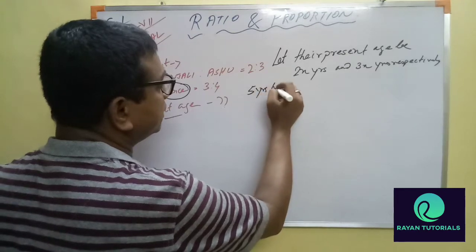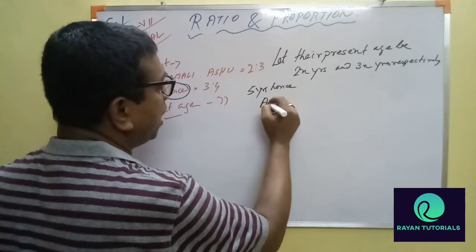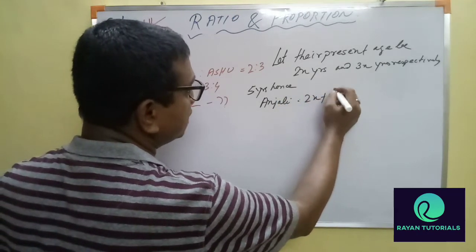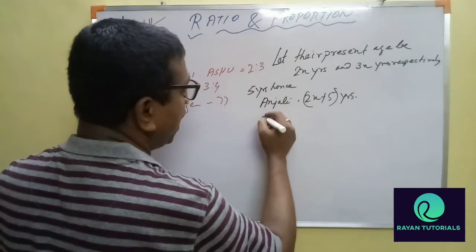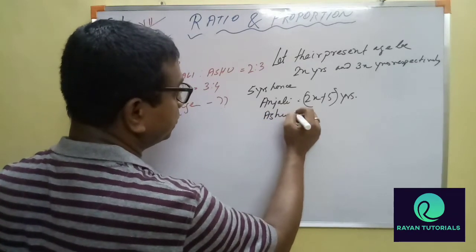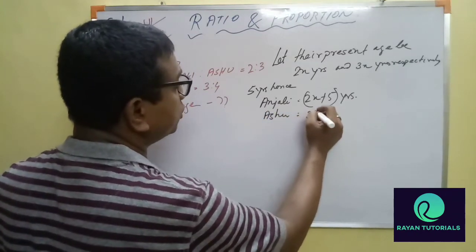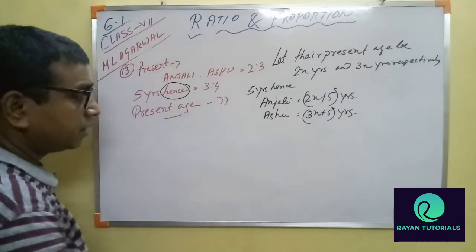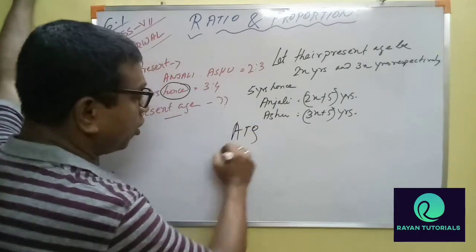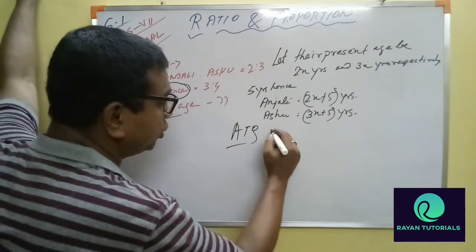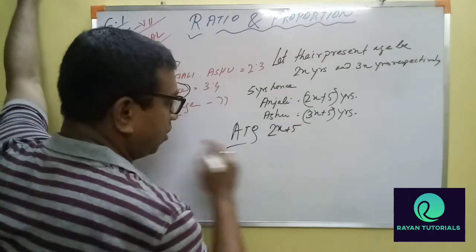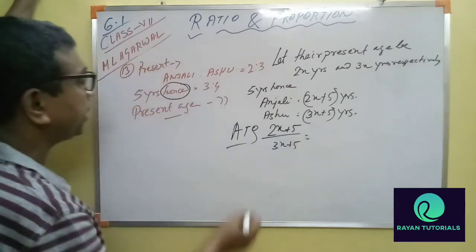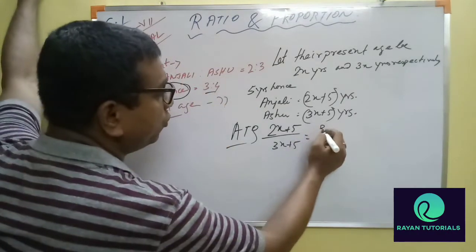So 5 years hence Anjali should be 2x plus 5 years and Anshu should be 3x plus 5 years. Am I right? So according to the question, their ratio, that means (2x plus 5) by (3x plus 5) should be equal to 3:4.